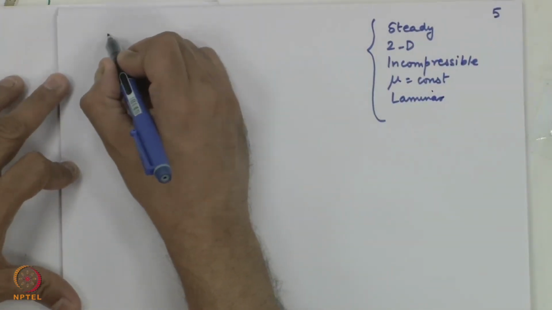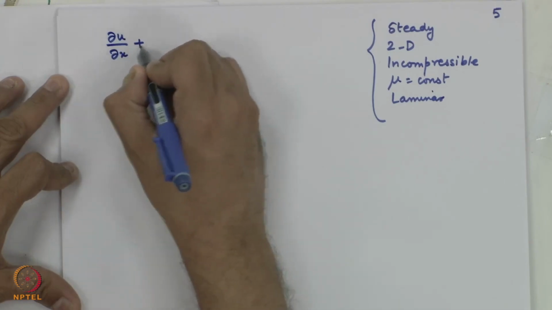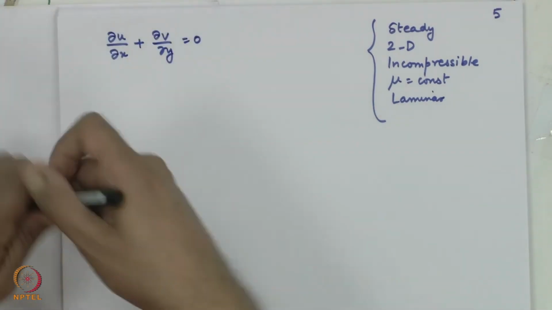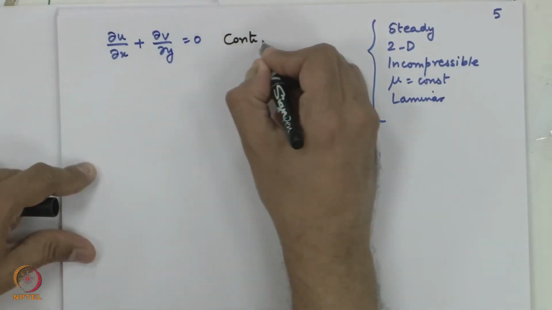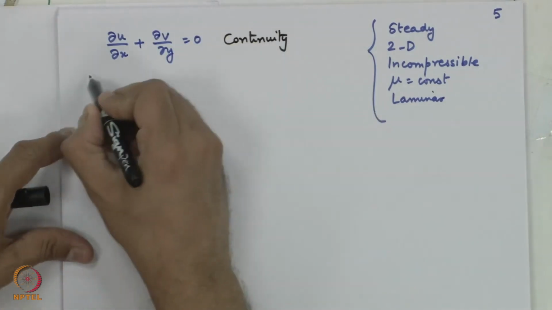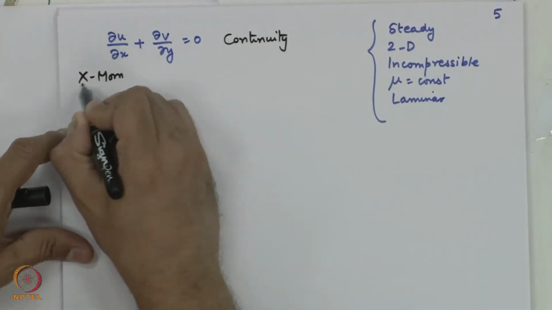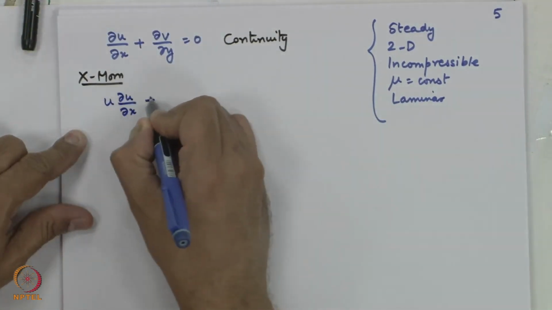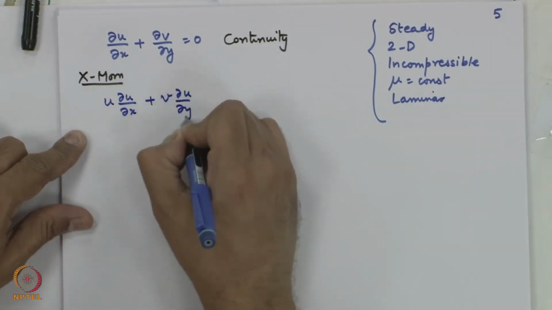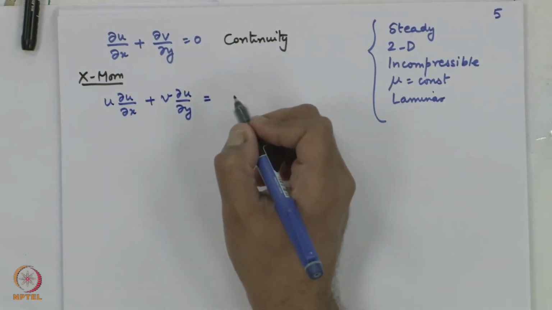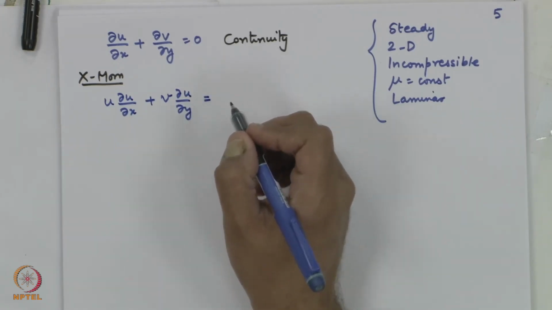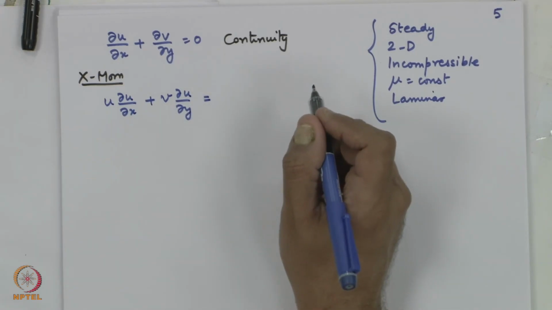So, the continuity equation is du by dx plus dv by dy equal to 0. This is nothing but our continuity equation. The x momentum equation is given by u du by dx plus v du by dy equal to minus 1 by rho dp by dx plus nu d square u by dy square.